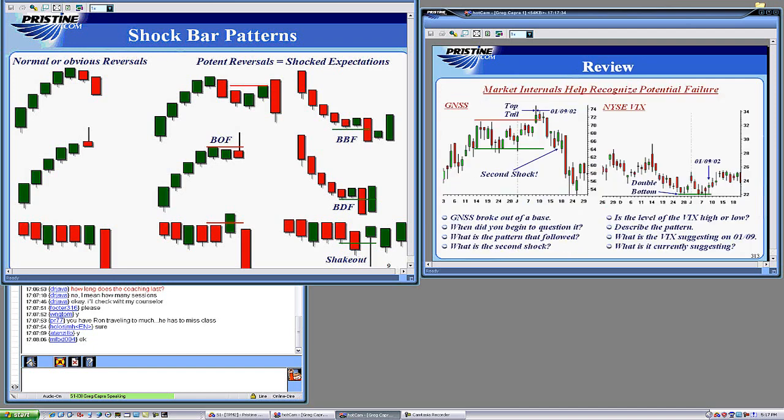This next slide, we looked at this chart on the left when we reviewed the bar-by-bar analysis in that section. You can go back, you'll see this chart.